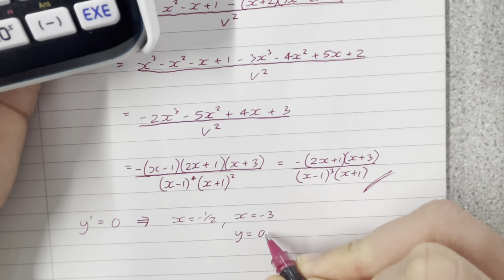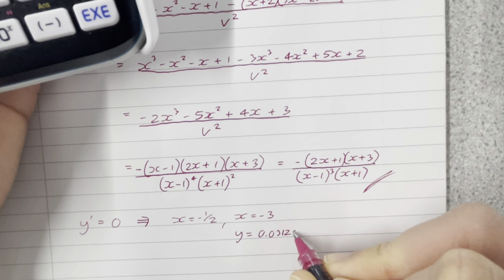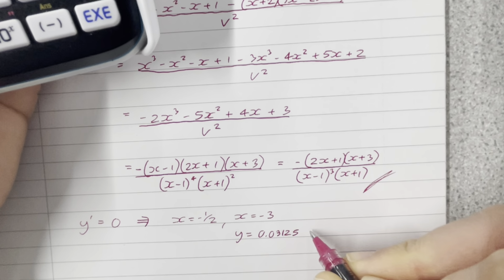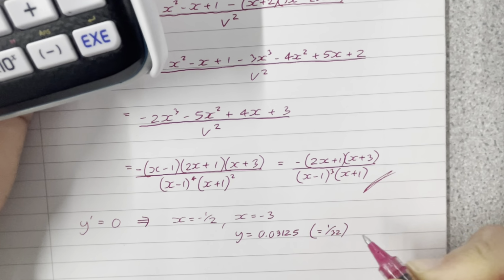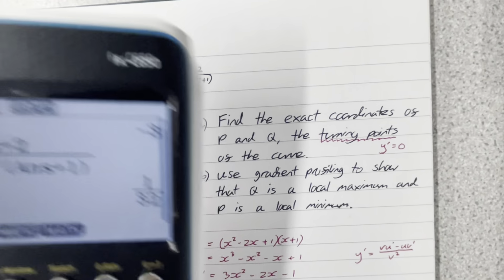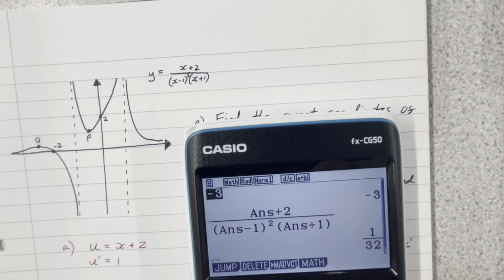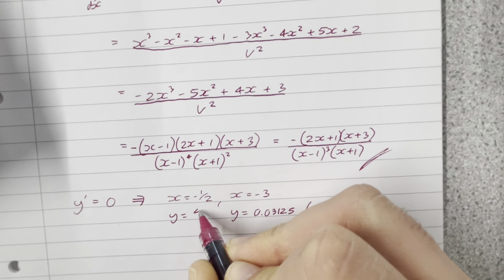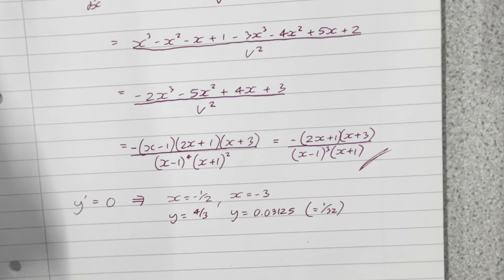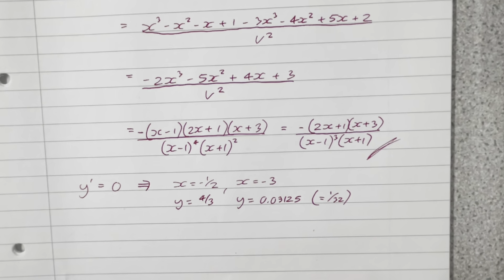So y equals 0.03125, that's exact, which we could have left as a 32nd. And then, because of the way I typed it into the calculator, if I change this answer up here now to minus a half, it will automatically recalculate, and that is 4/3. Could have used table mode as well, that would have also worked.